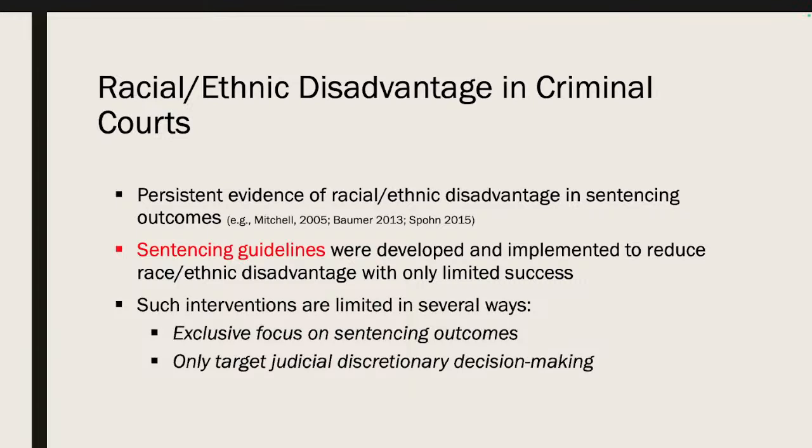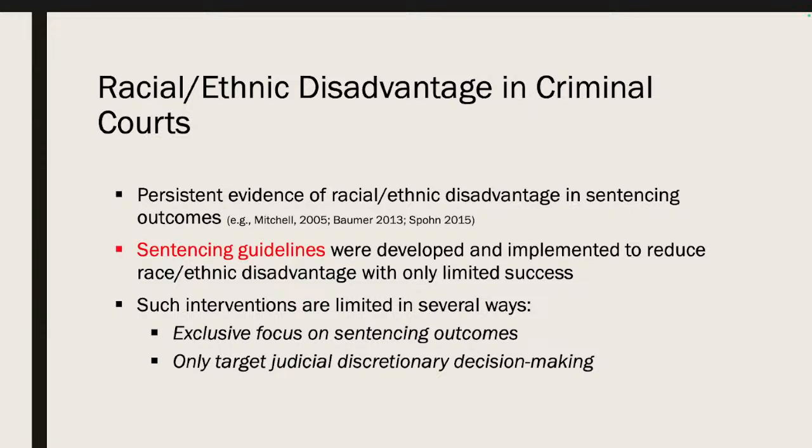And that shouldn't be surprising because sentencing guidelines focus only on the last part of the case processing process, and it only targets one type of discretion, namely that of judges. It doesn't affect the discretion of prosecutors, which at least in the United States has grown substantially in the last 50 or so years, which I can talk about later if you would like.